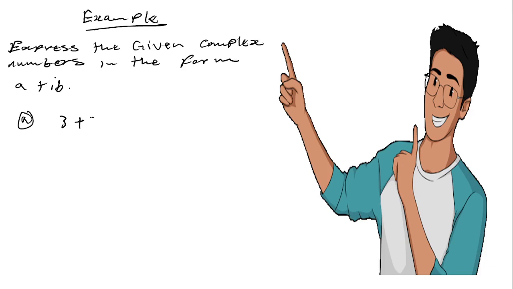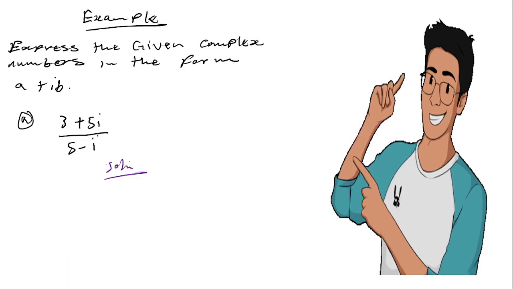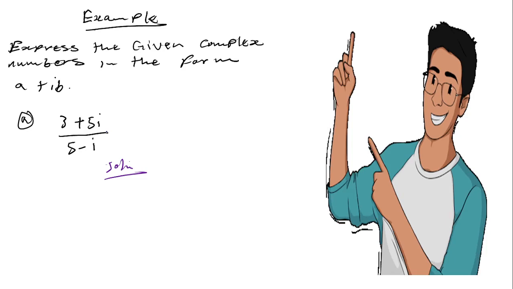In such a case where you have been asked to express that complex number into that form, what they are simply telling you is to rationalize. Some lecturers will use the term rationalization, though that has to do with rational numbers, but I'll use that term for the sake of your understanding.